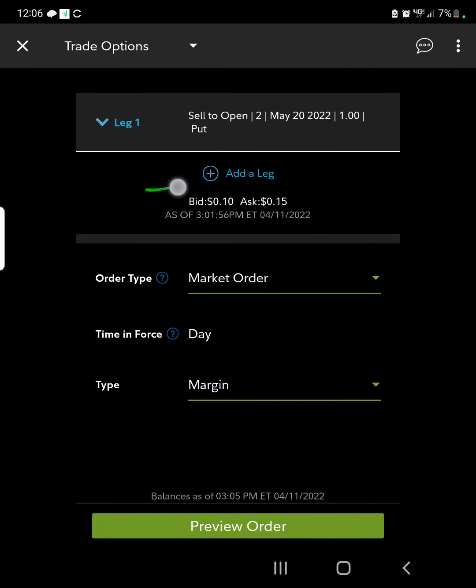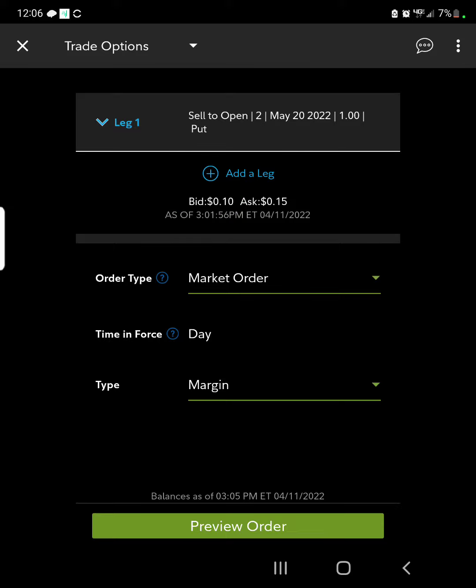And what you're looking at right here is the current bid and ask price for this contract. If I leave it at market, I am going to get $10 per contract, because that is the current bid.